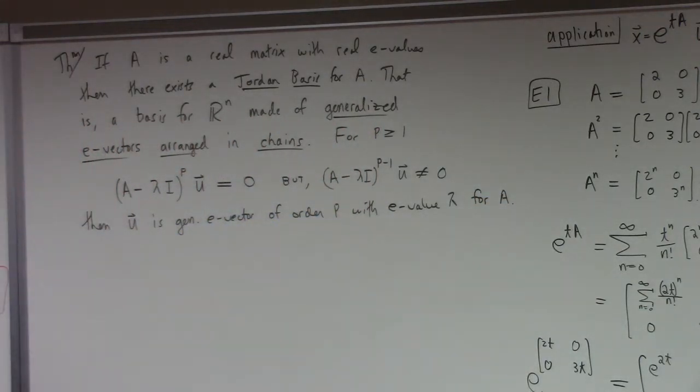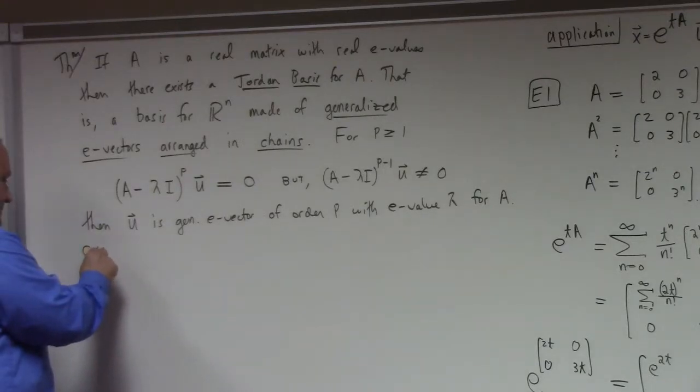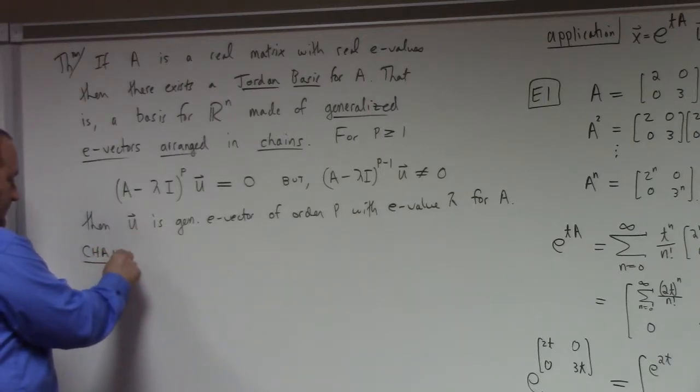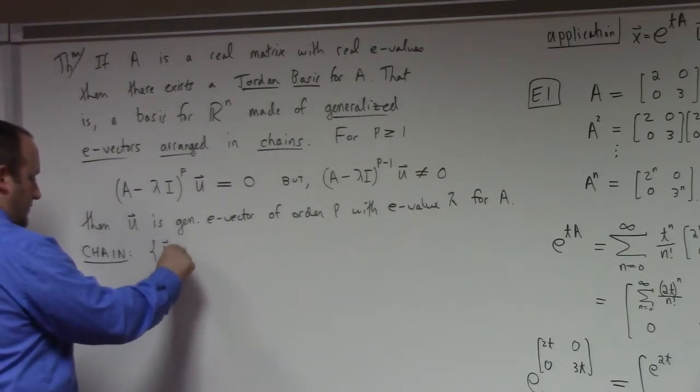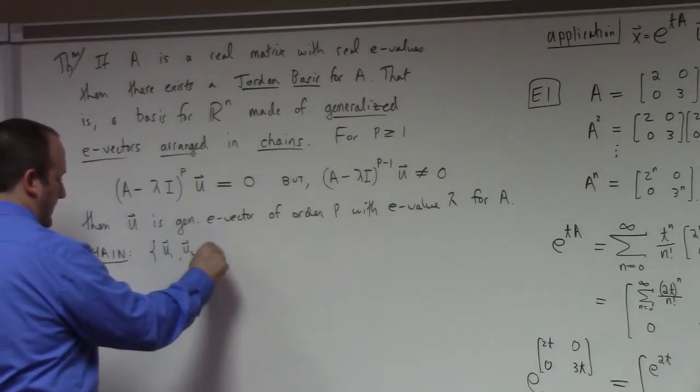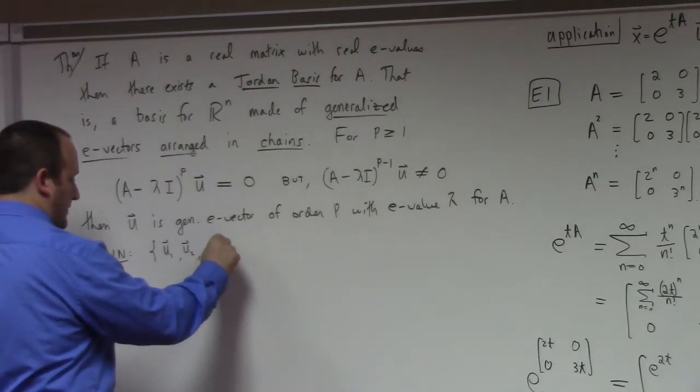A lot of strings attached there, isn't there? The point is this vector u, its mission is to serve A, to describe something about the structure of the matrix A. The chain is something like this. We have, let's say, u1, u2, dot, dot, dot, uk.